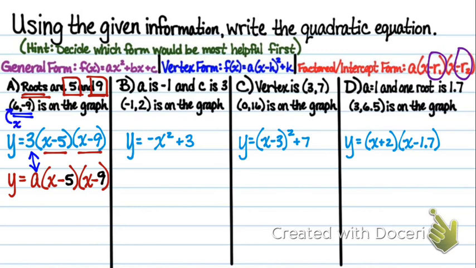So I'm going to put 6 in the place of any x that I see. So 6 would go here and here. Minus 5, minus 9. How else do I use that coordinate? Goes in for y.